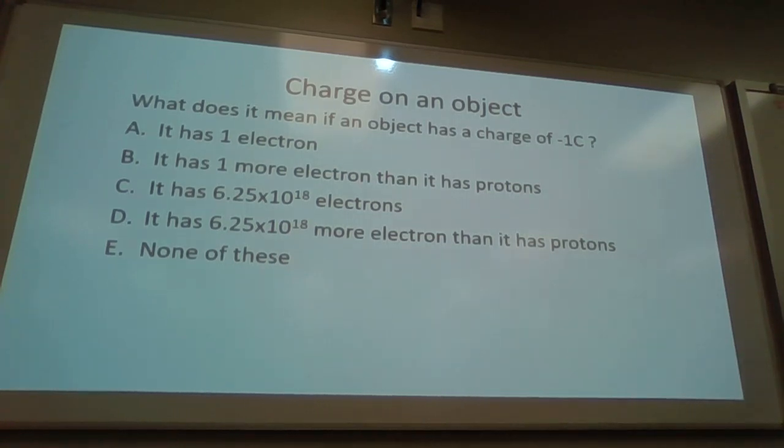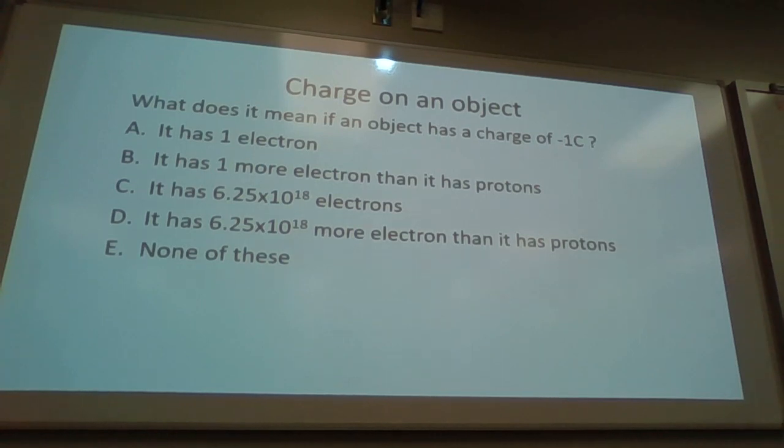Here's a big difference between chemistry and physics. In chemistry, you looked at individual atoms and you would count the number of electrons.